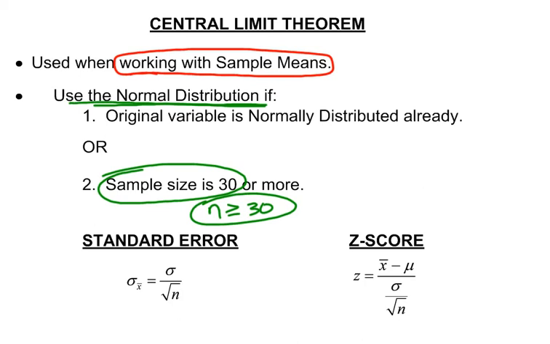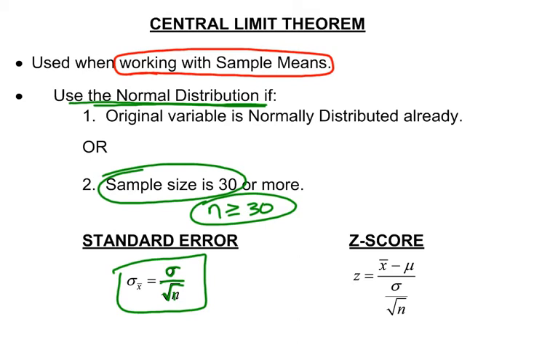So if we have an n greater than or equal to 30, or if it's not greater than 30, as long as the original variable has already been normally distributed, we can refer to our standard deviation for x bar, or the standard error, as being the standard deviation of the population, sigma, divided by the square root of n.